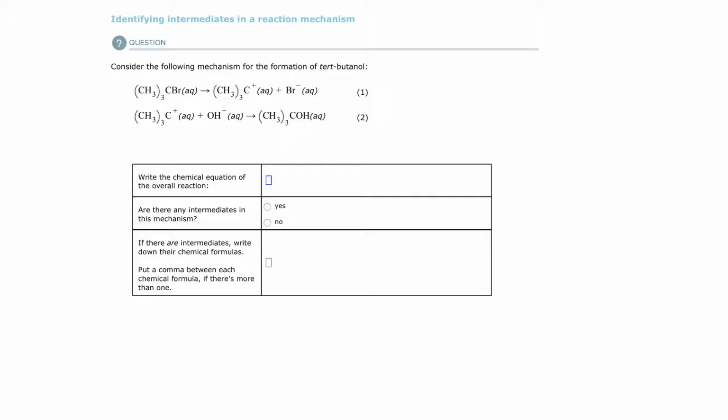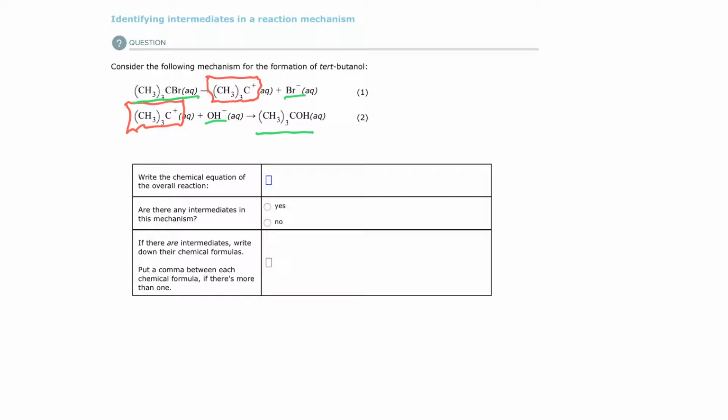Okay, so let's identify them here. I see this one as a product in the first step, and I see the same one, whatever it is, as a reactant in the second step, and I don't see it anywhere else. That's an intermediate. I see this one as my product, this one as my reactant, this as a reactant, and this as a product.